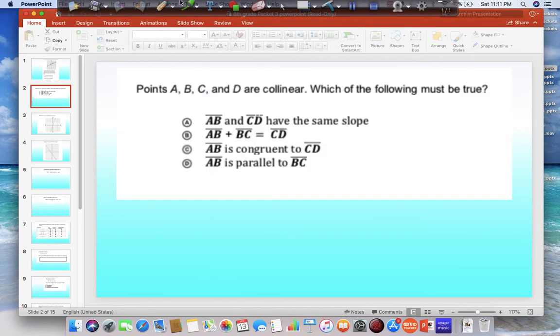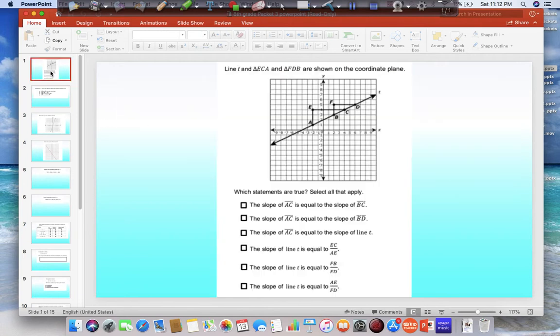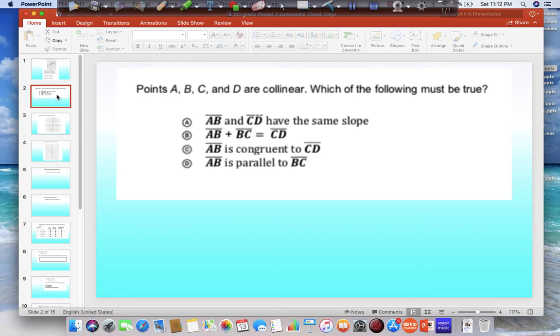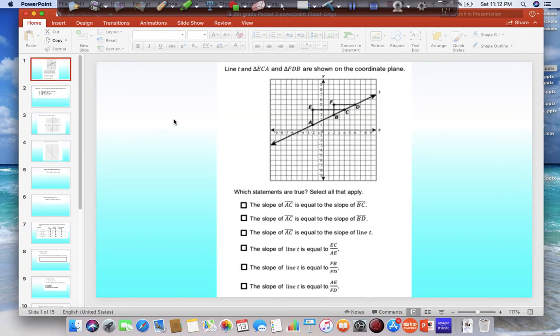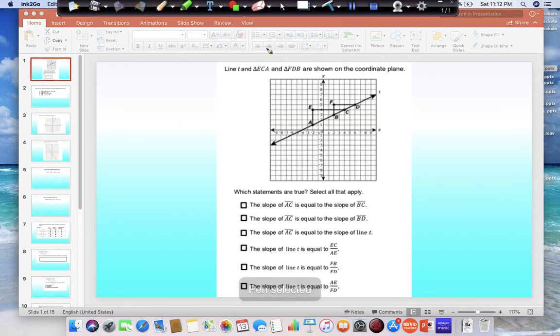Okay, it says that points A, B, C, and D are collinear, which of the following must be true? Well, if we look back, it says A, B, and C, D have the same slope. Notice that line AB and line CD do have the same slope. They are on the same line, so that is true.